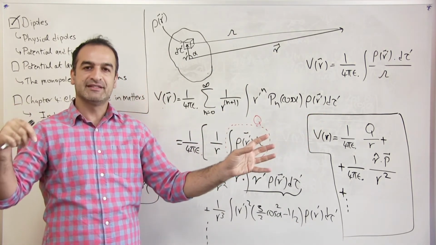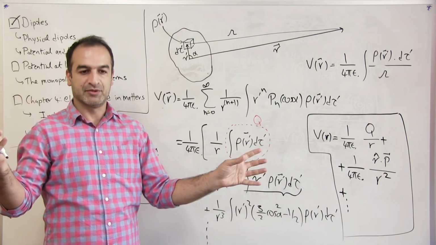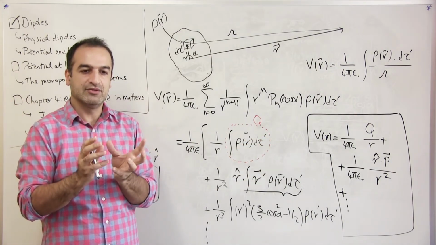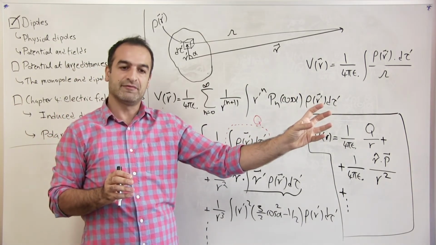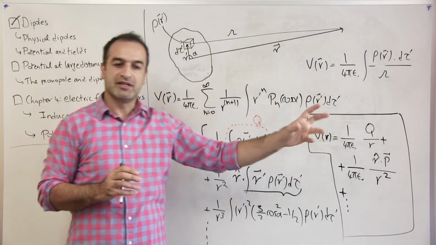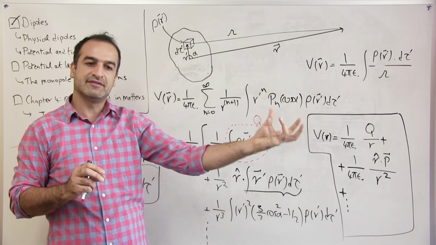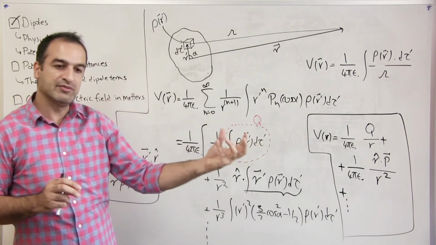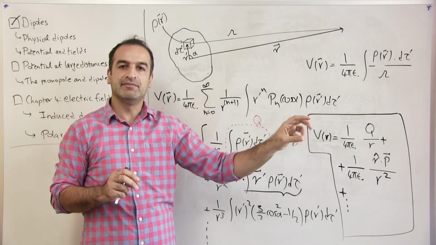But there are ways that we can make it a little more accurate. The next step is to assume that the whole charge distribution carries some net charge, which is Q here, but because of the randomness and all the details of the distribution, we can assume that it's made of that net charge as well as some dipoles.